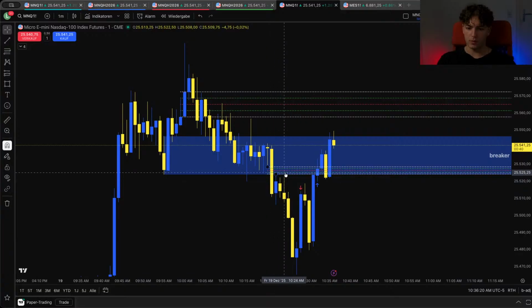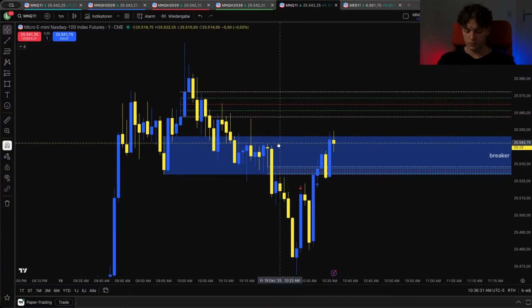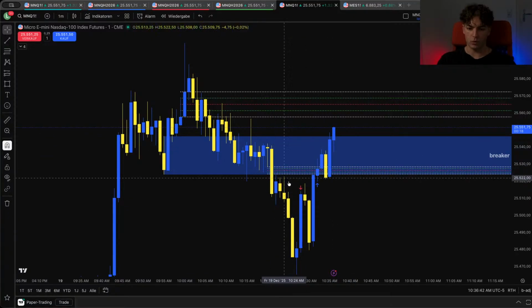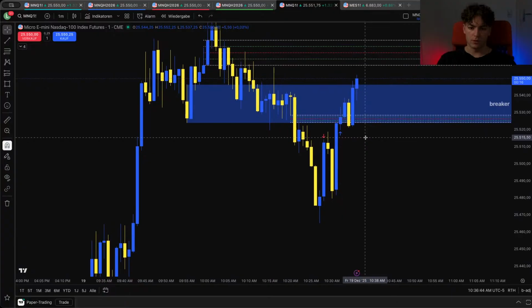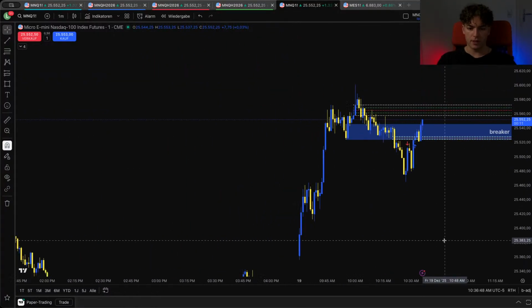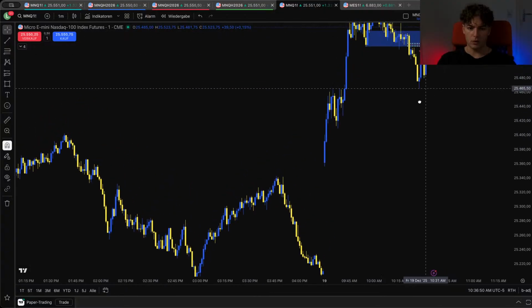I put my stop loss in here. I didn't take bigger risk. So if I had put my stop loss above this high here, we would have been stopped out nevertheless. So stop loss placement was good. Just technically followed my model.